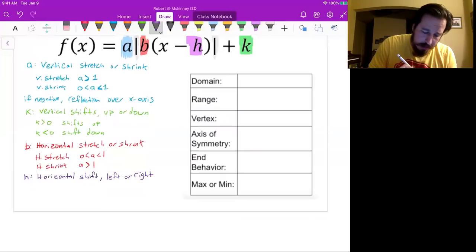If you have inside of your absolute value bars X minus a number, that is going to shift it right.